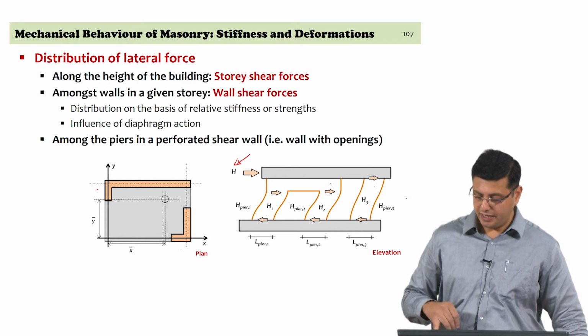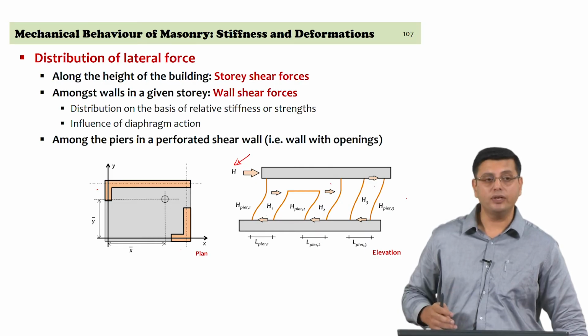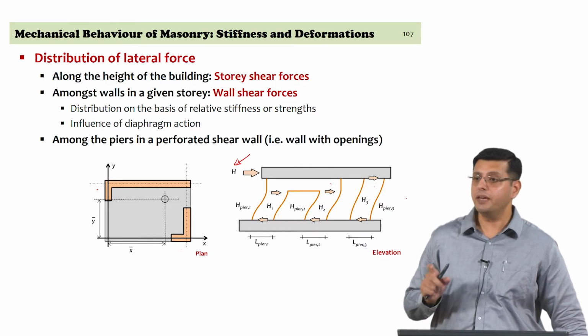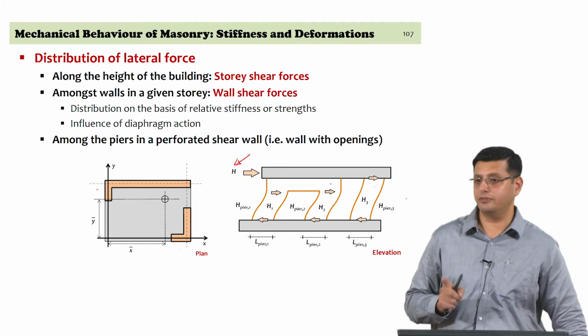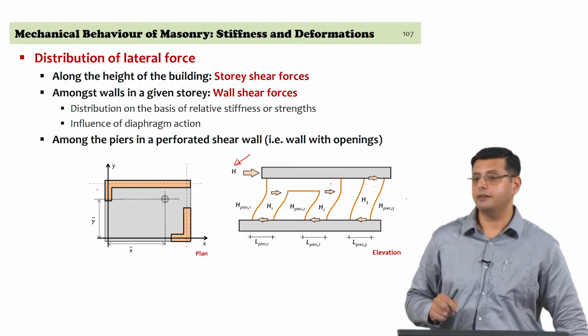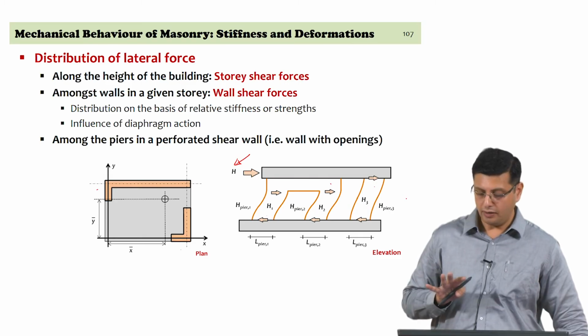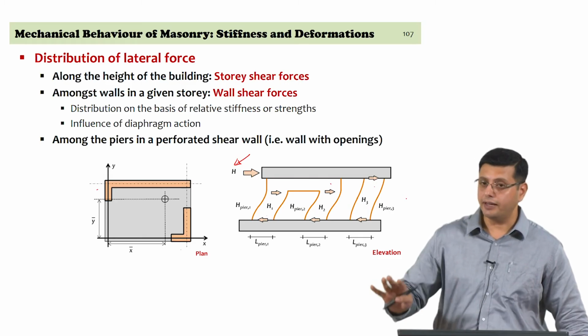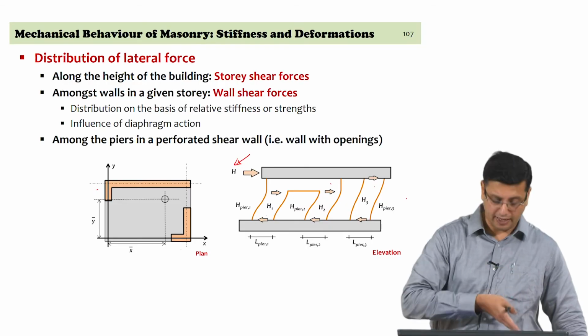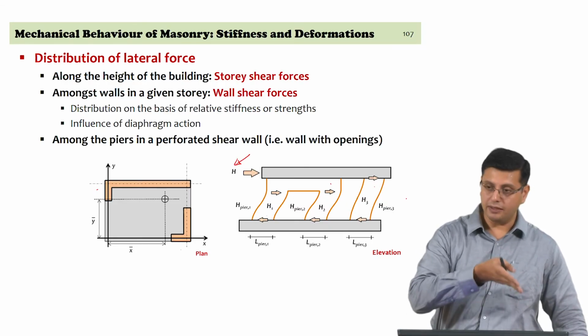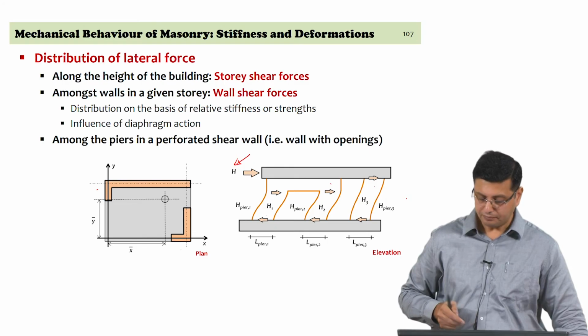So, I have 3 piers here, but you can see that the deformation of the pier under lateral forces is going to be affected by the size of the openings. The wall here is the entire wall along one direction, along one of the axes.